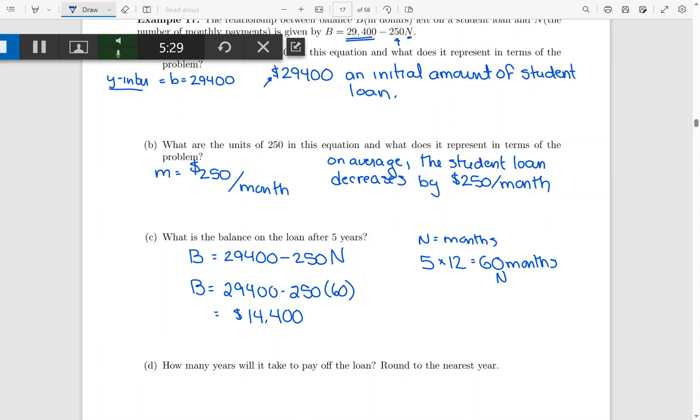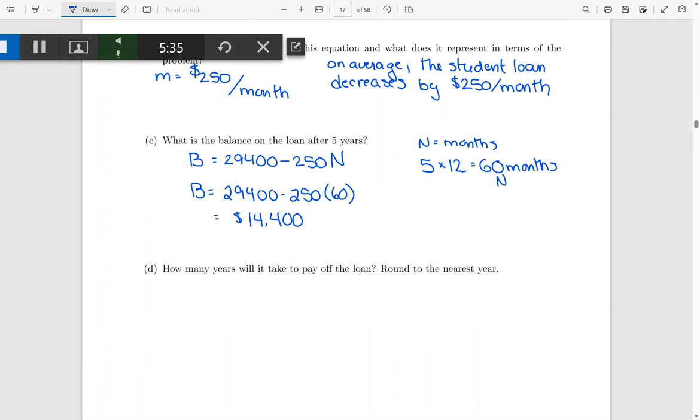Okay. How many years, so we're looking for N, ultimately, will it take to pay off the loan? Round your answer to the nearest year. Well, if I'm paying off a loan, then the balance is 0.